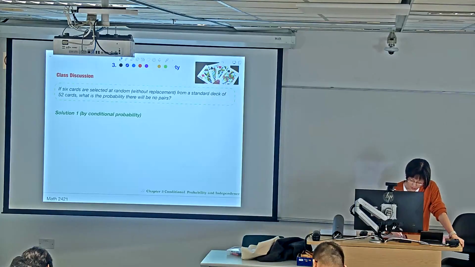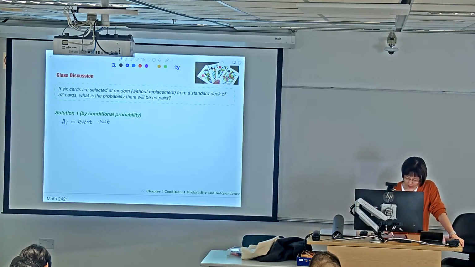So here we are going to do this differently. We denote events Ai, where Ai represents the event that the first i chosen cards among the 6 cards have no pairs.